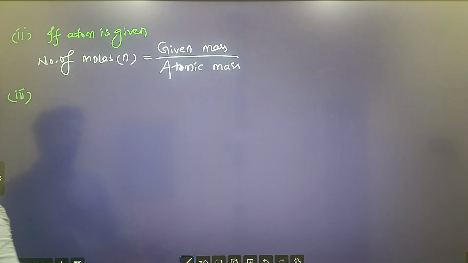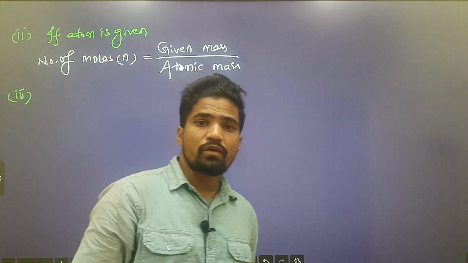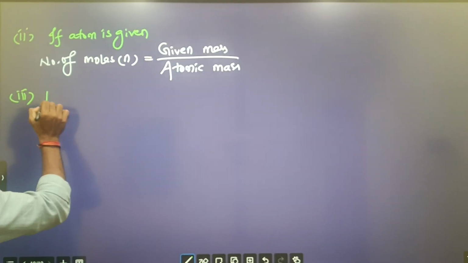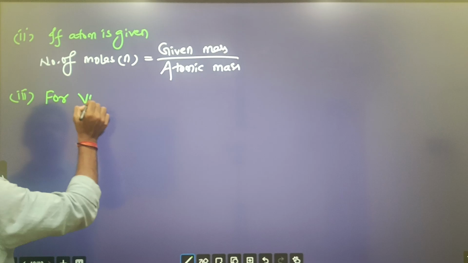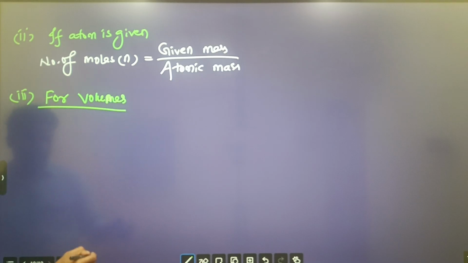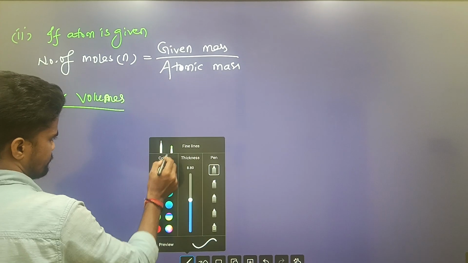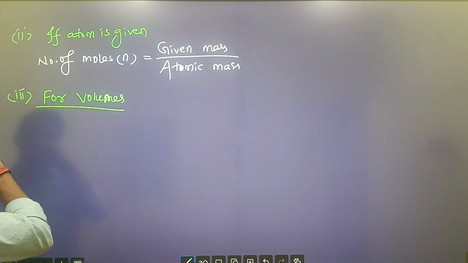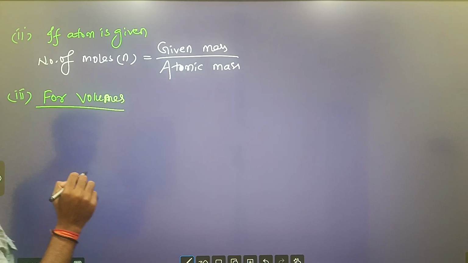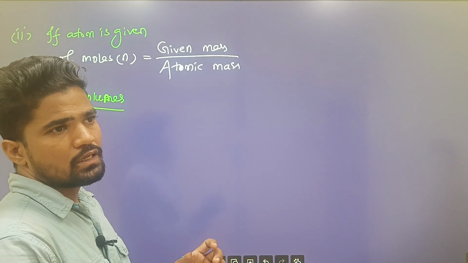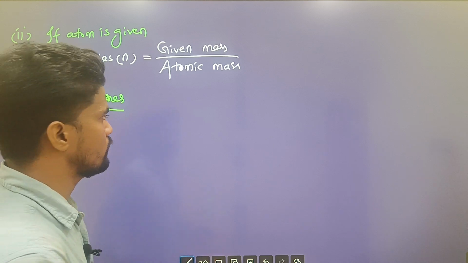Okay, if regarding volume related, for volumes: if volume is given, then we know that according to the ideal gas equation, temperature, pressure and volume, molar volume will be different.